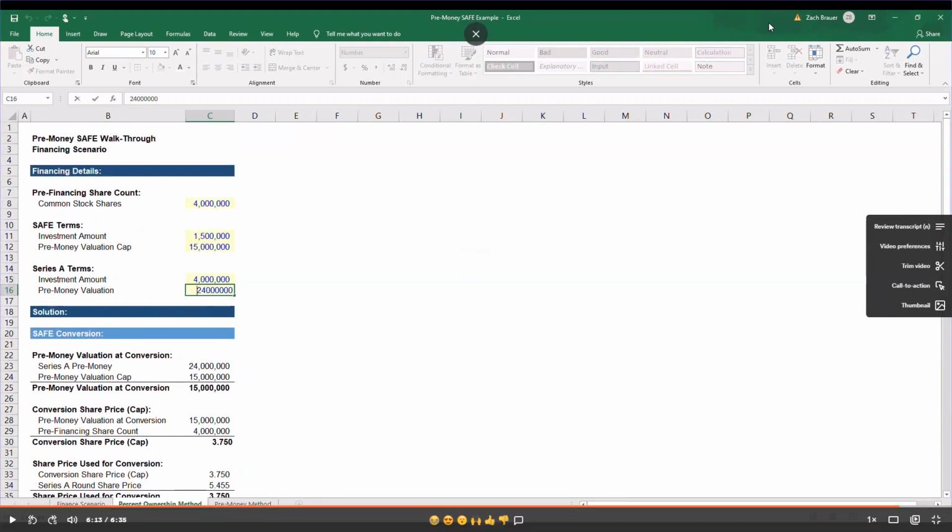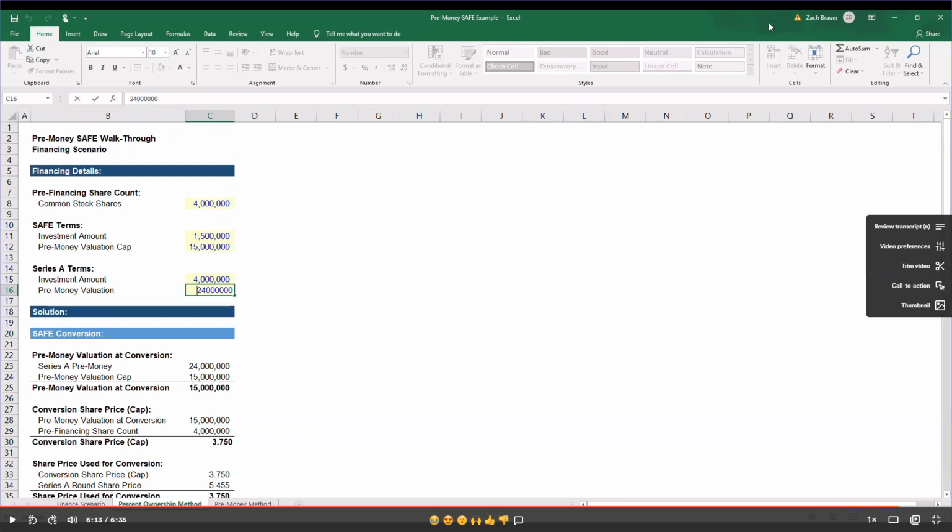So with that in mind, the percent ownership method is more favorable to the investors, because it is the situation where those investors are able to get the ownership that they would expect. The safes would rather have the pre-money method, as that allows them to maintain a slightly higher amount of ownership.